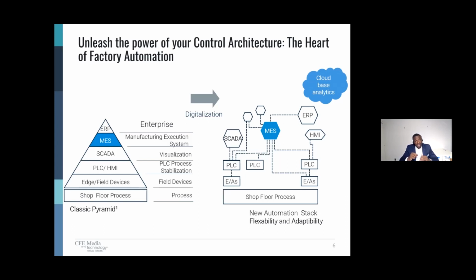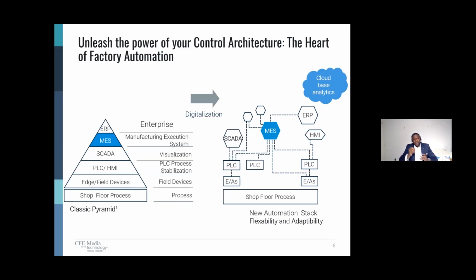Now, we're going to talk a lot about that today when it comes to digital transformation or Industry 4.0, because that is what we would really call the heart of it all. Years ago, at the top, you had ERP, and that's where all of your work orders would be defined. But in between ERP and SCADA were a bunch of paper and meetings.